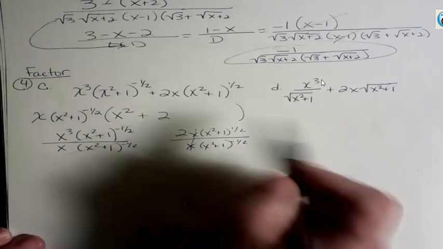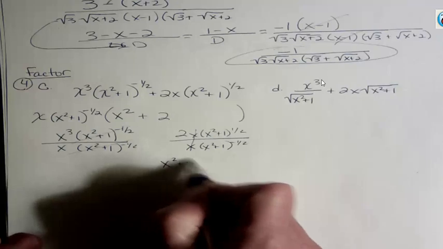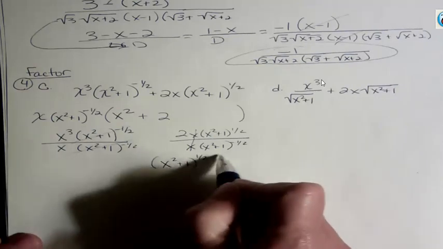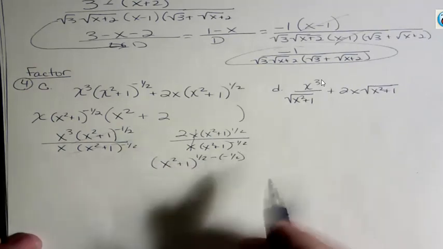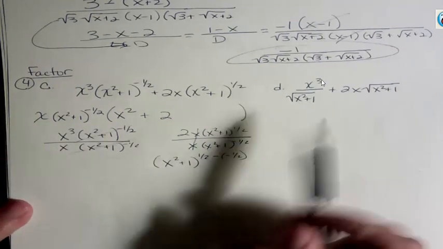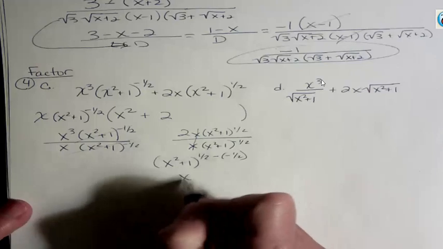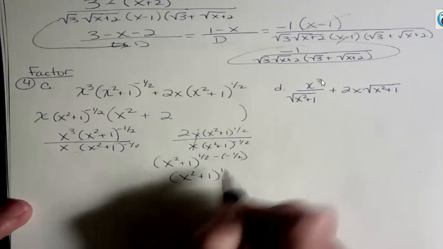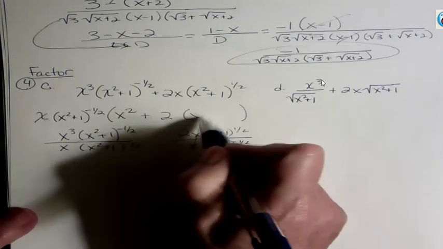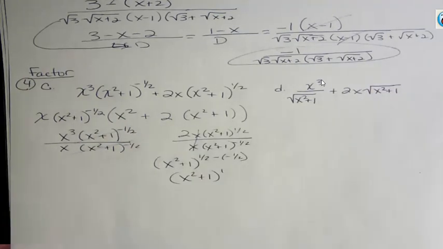And then what I have is x squared plus 1 to the 1/2 minus negative 1/2, because when you have the same base, you subtract your powers, and minus a minus makes that plus, so we actually have x squared plus 1 to the first power, or just x squared plus 1. Okay, that's what I have inside there.